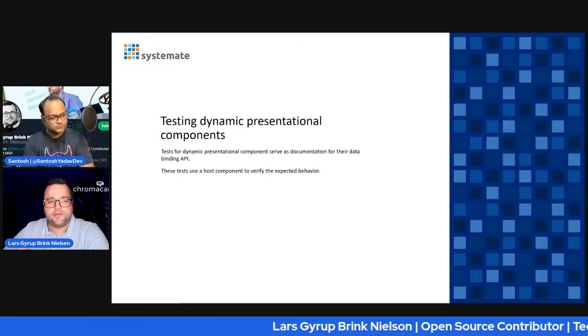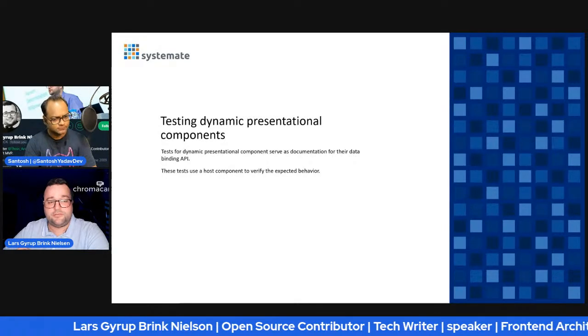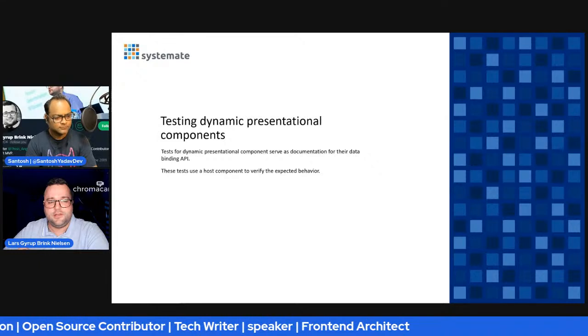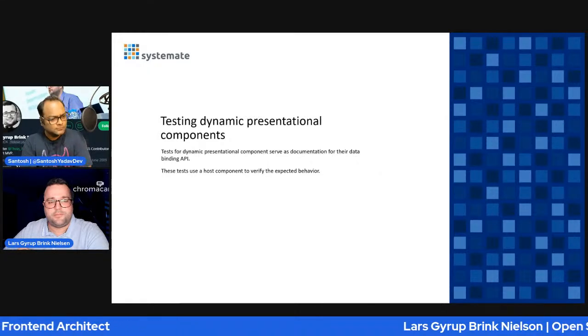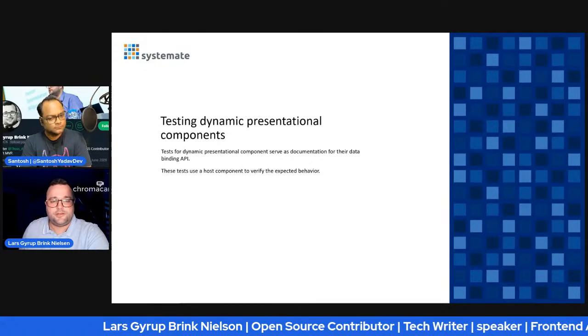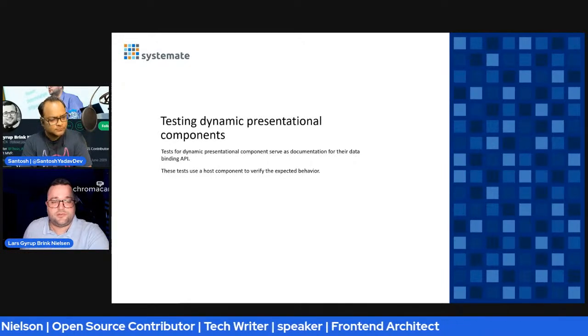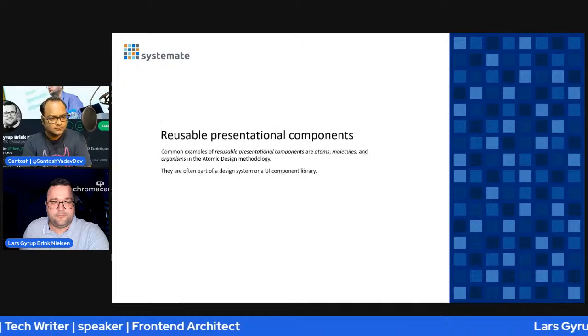That component will be above your dynamic presentation component in the component tree in this test. So you will pass it input properties for component like the things we saw before, like template outlets, component outlets, and portals. All of that, you would do using usually a host component or a special service.